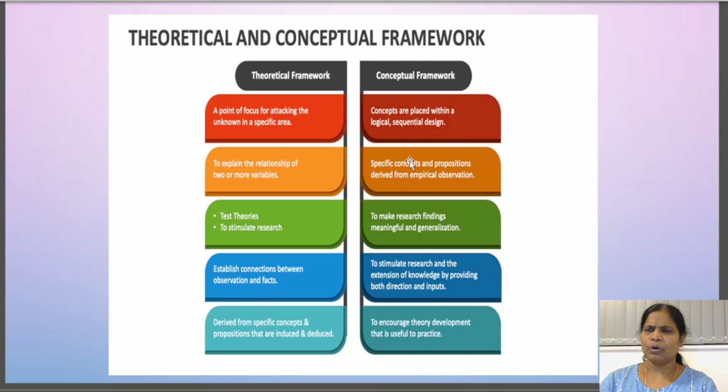So specific concepts and propositions derived from empirical observations to make research findings meaningful and generalizable, to stimulate research and the extension of knowledge by providing both direction and input, to encourage theory development, and it is also used in practice. This is what theoretical and conceptual framework means.